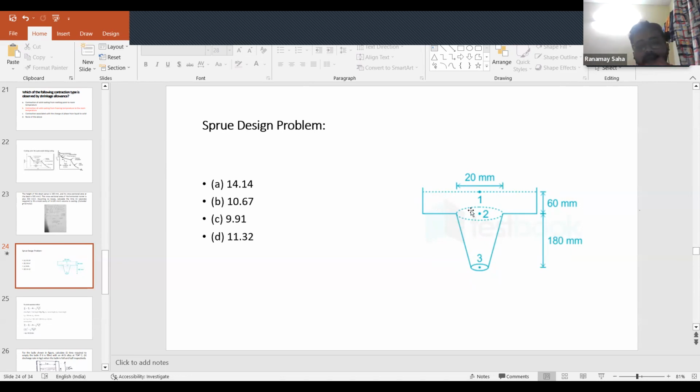This problem comes out of screw design. I think screw design has been taught to you. You can try to solve this problem. For that, I will show you the solution.